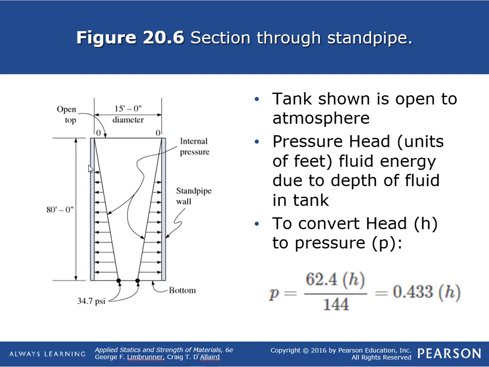Even though the vessel itself is not pressurized, the vessel does have pressure by virtue of the depth of the fluid in the vessel. We convert head into pressure in PSI by taking head in feet and multiplying by 0.433, and that will give us pressure in PSI. We'll have an example on that one too.